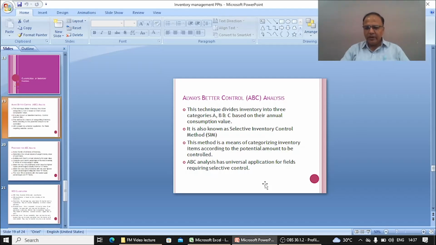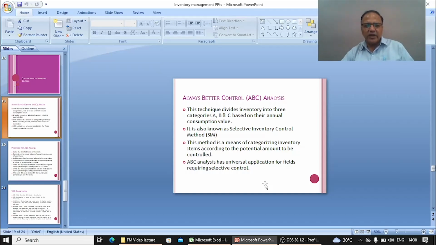So we have to classify the inventory according to A, B, and C, because A category requires care of a different type, B requires care of a different type, and C requires care of a different type. Different type means whenever we have to maintain raw material of A category, then it requires skilled labor.